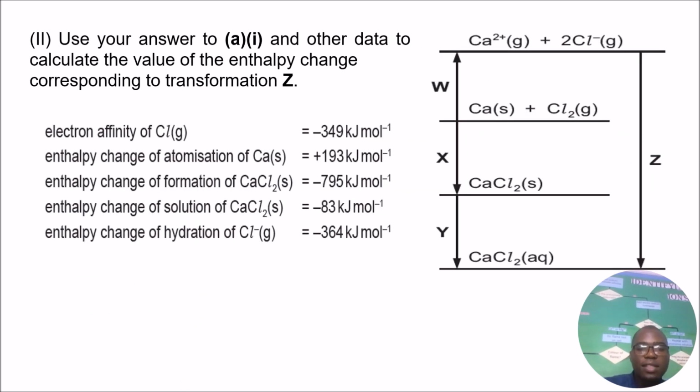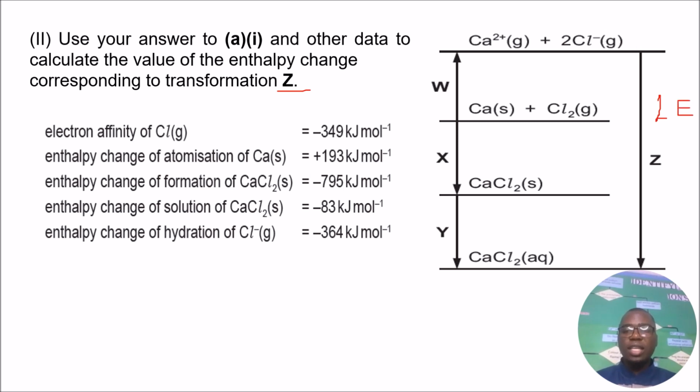Using your answer to A1 and other data, calculate the value of the enthalpy change corresponding to transformation Z. Now, the first thing that you need to find out is, what does transformation Z represent? So transformation Z represents lattice energy.